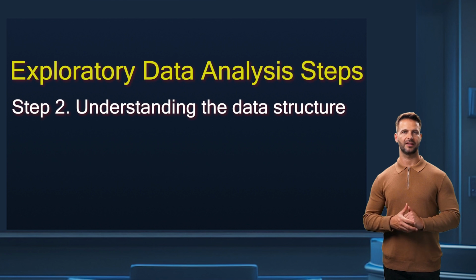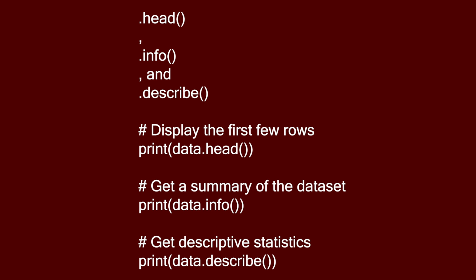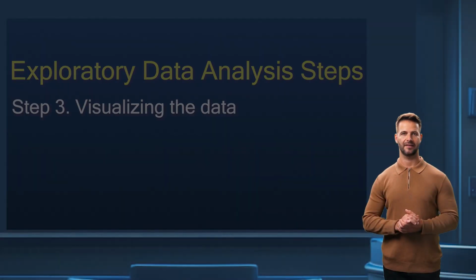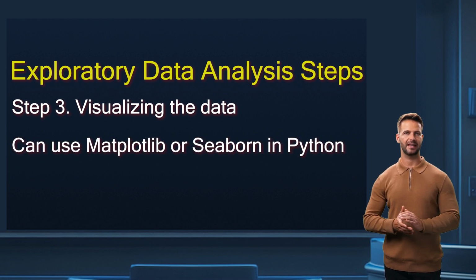Step 2. Understand the data structure. Now we use functions like the following to get an overview of the dataset. Step 3. Visualize the data. You create visualizations to explore the data further, for example, using matplotlib or Seaborn in Python.